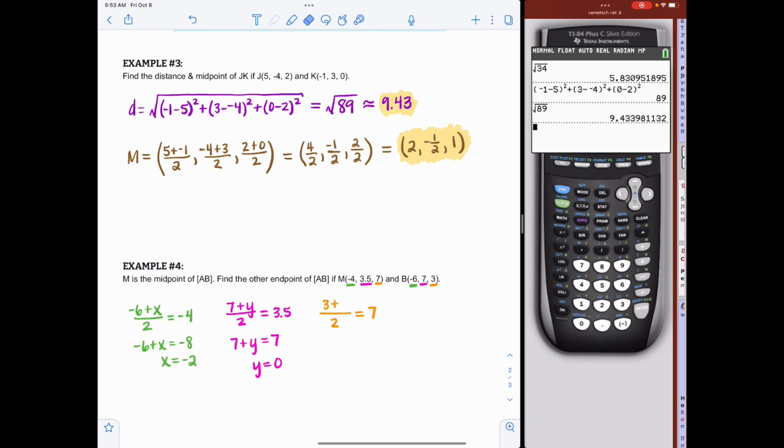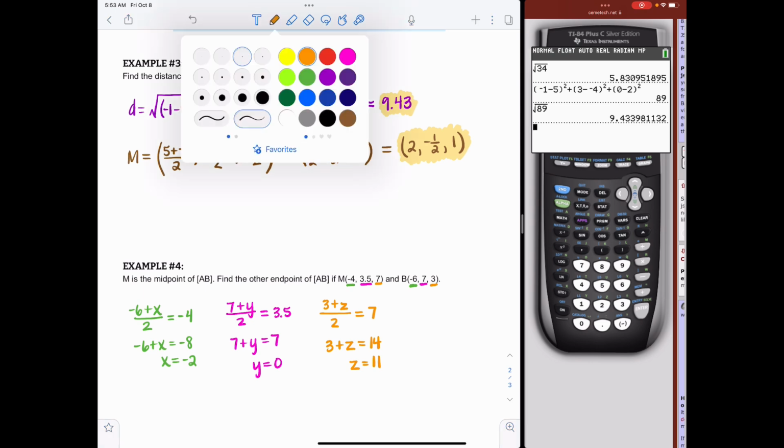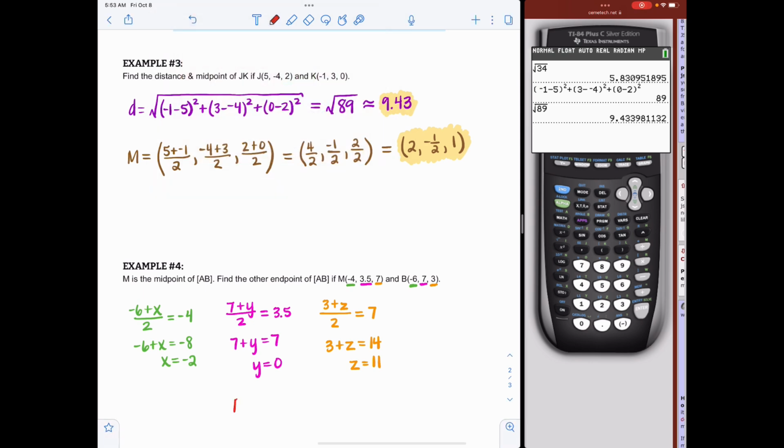All right, and make sure that's a Z. So if I multiply both sides by 2, I end up getting 3 plus Z is equal to 14. And then I subtract 3 on both sides, so I get Z is equal to 11. So I know that the point A is located at -2, 0, and 11 in order for the midpoint to be what it is.